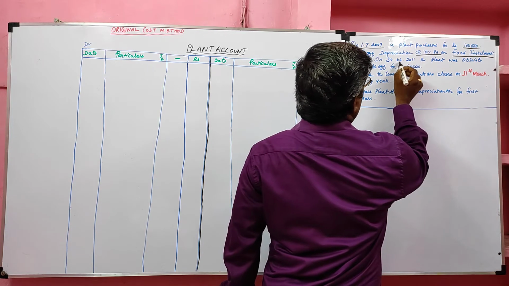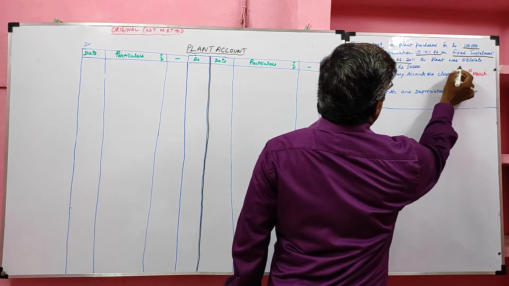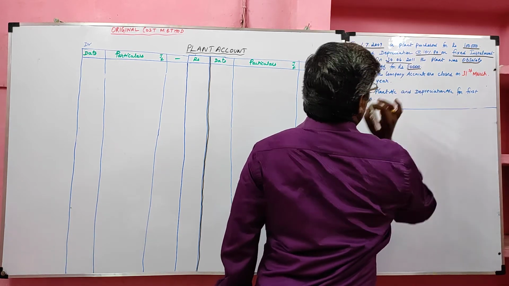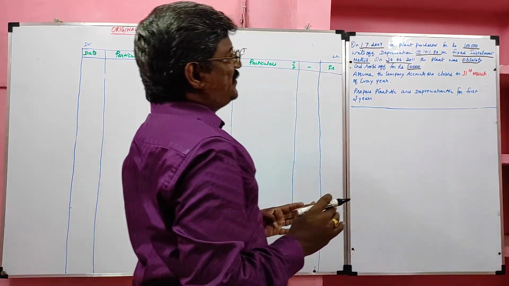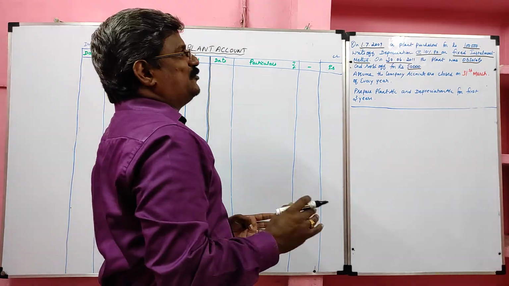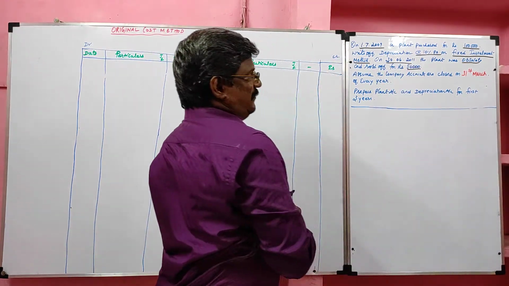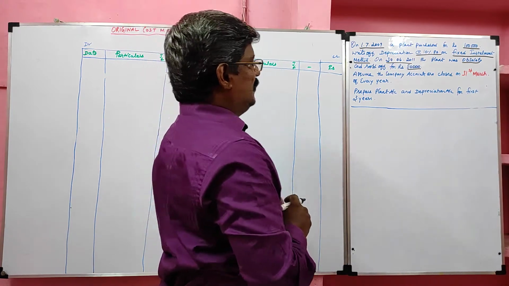On 30th June 2011, the plant was obsolete, useless, and sold off for 50,000. So they bought on 1st July 2009 and sold on 30th June 2011 for rupees 50,000.